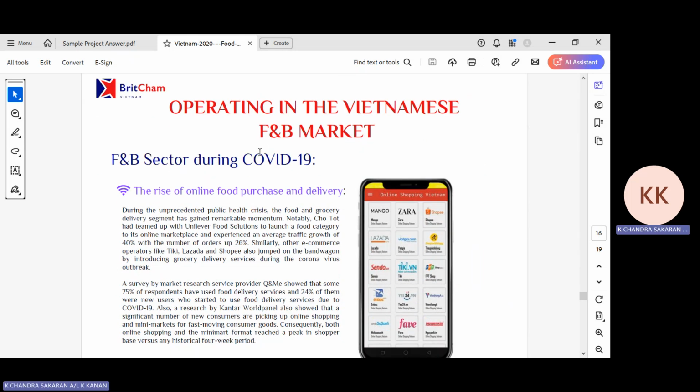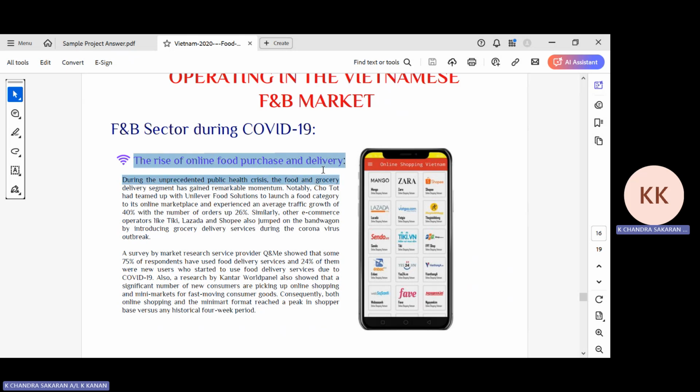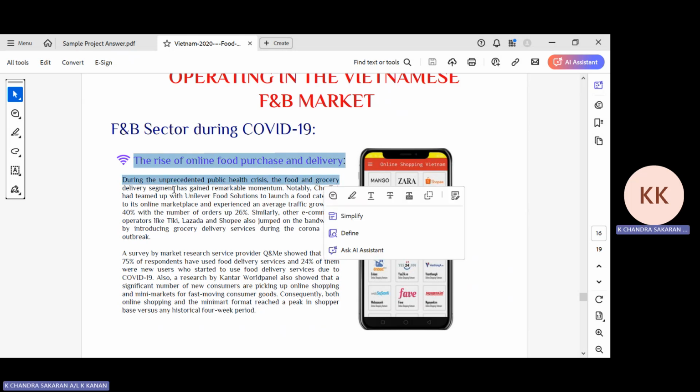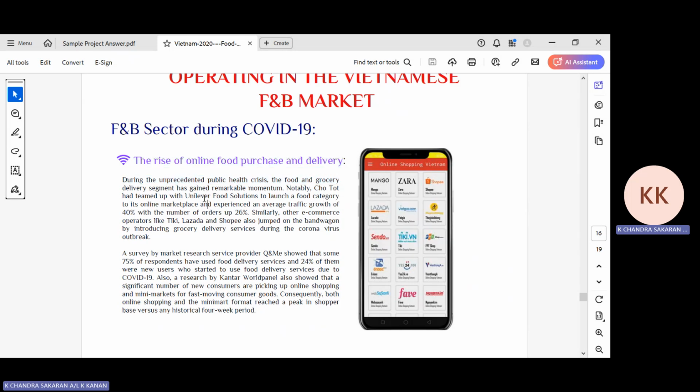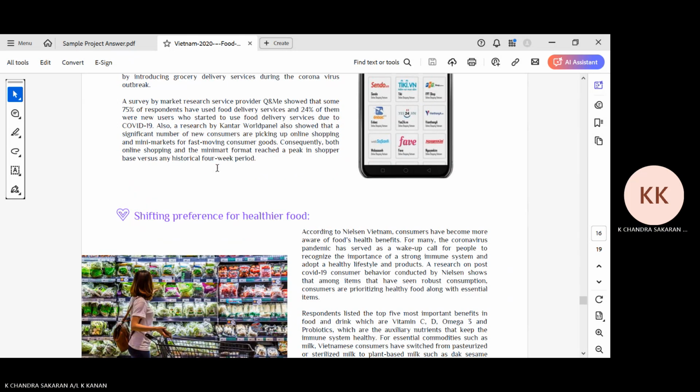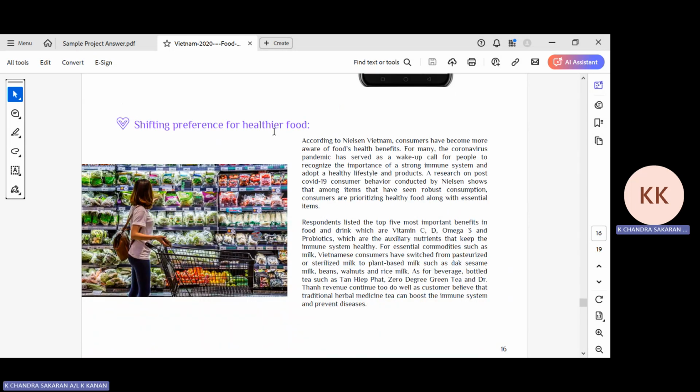The rise of online purchasing. See, these are changing the way consumers are buying things. This will affect their demand. Understand? This will change the way suppliers are selling their product. Shifting. This is a change in demand. Shifting to healthier goods, consumer.